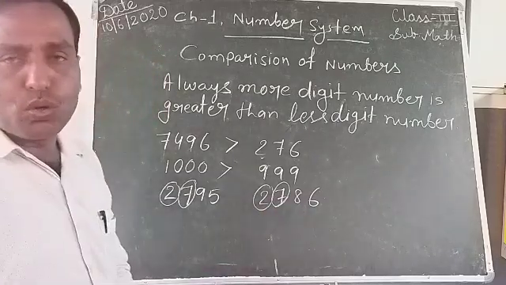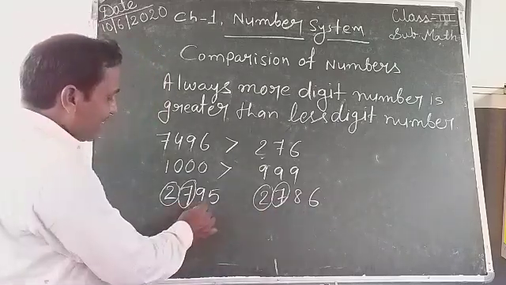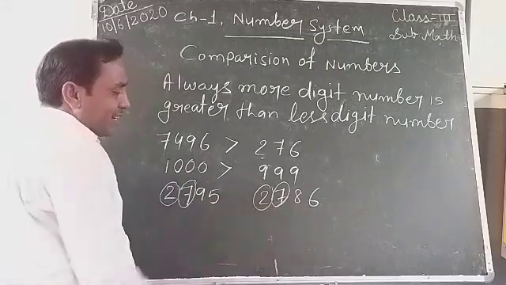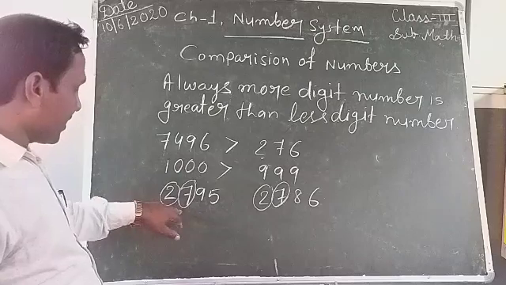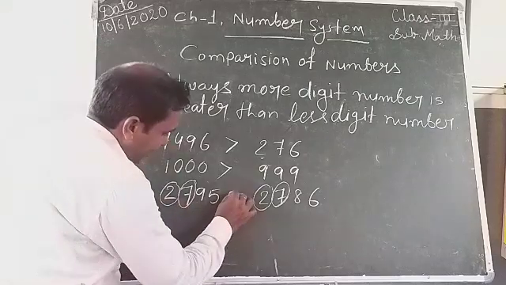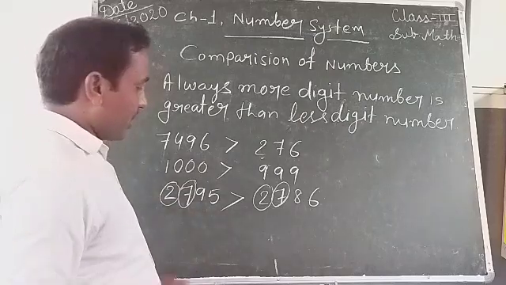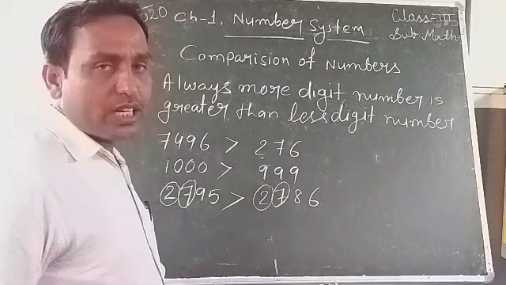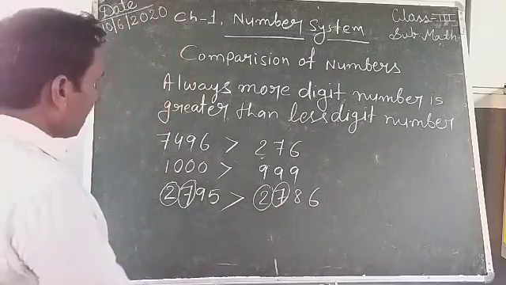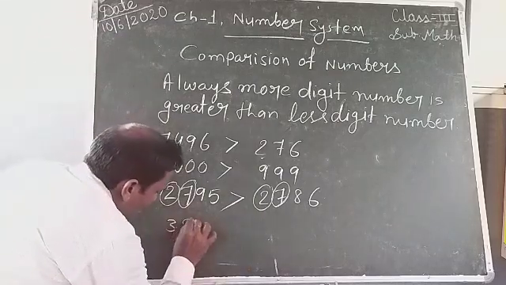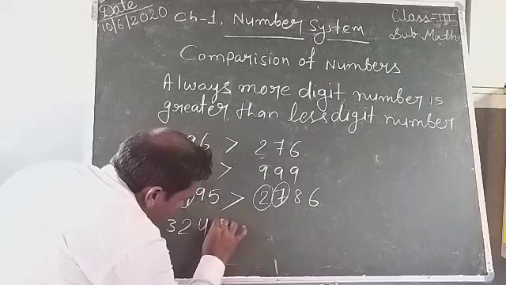So you see here 9 is greater than 8. So this number is greater. It means 2795 is greater than 2786.